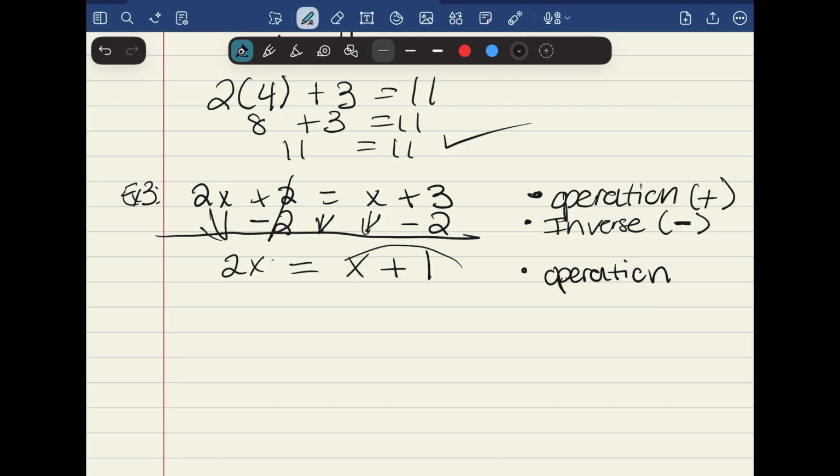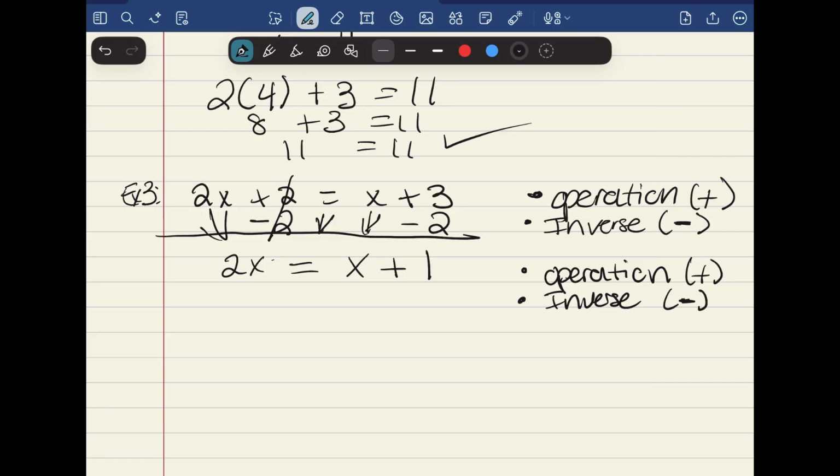Okay, my operation on this side in total is, sorry, addition. The inverse would be subtraction. So right here is a positive. You don't see it right here, but the x is positive as well. So I just know that over here is positive. So my inverse will be negative.